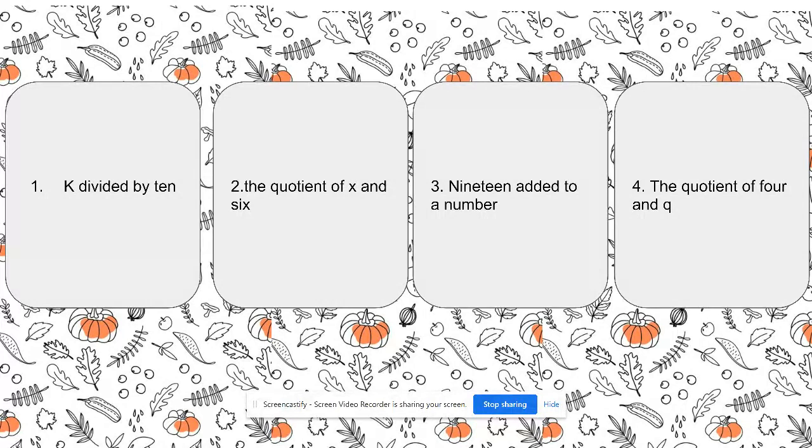Number 2, the quotient of x and 6. X divided by 6. Now your number 3 is different than my number 3. It says 9 divided by c. So how would I do that? What's going to go on top?